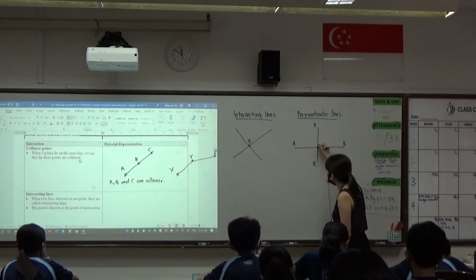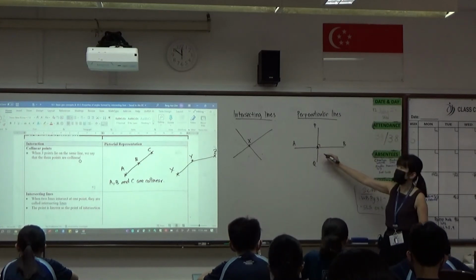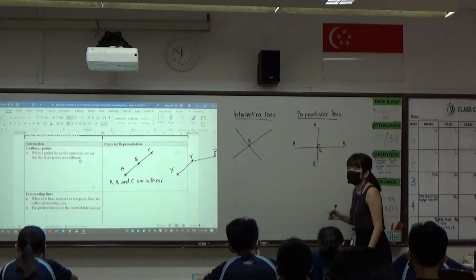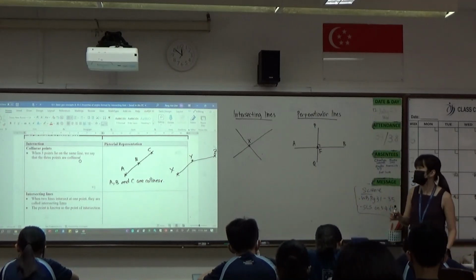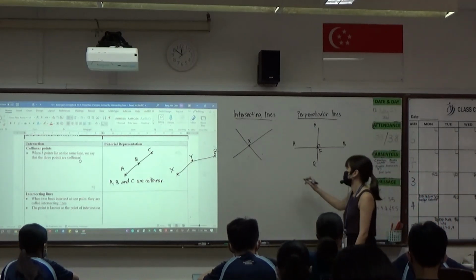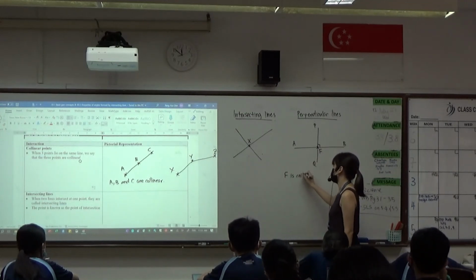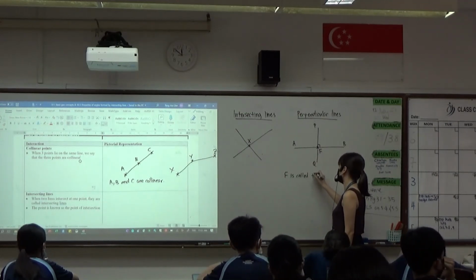Now, this particular point where they intersect each other, if I call it F, there is a certain phrase that we use to describe it. This point F is called the foot of the perpendicular.